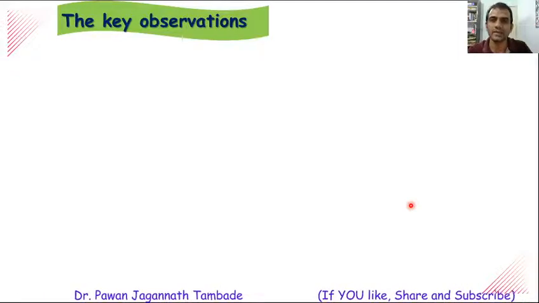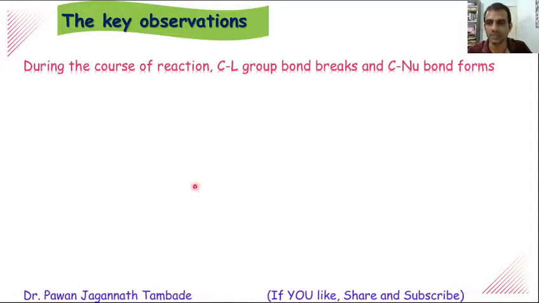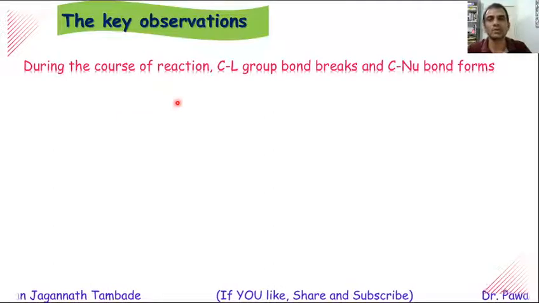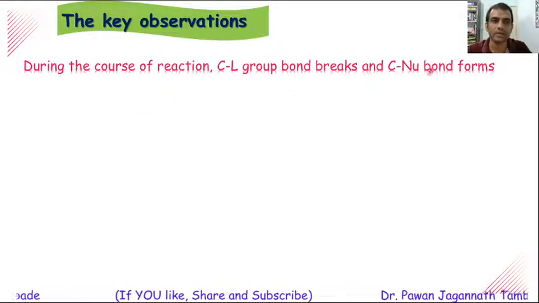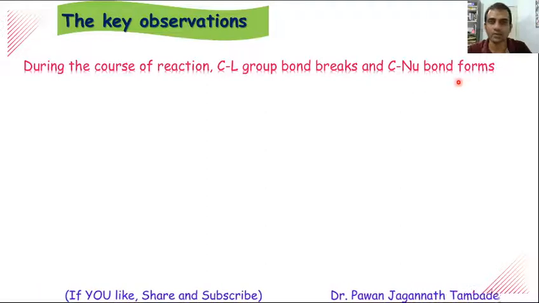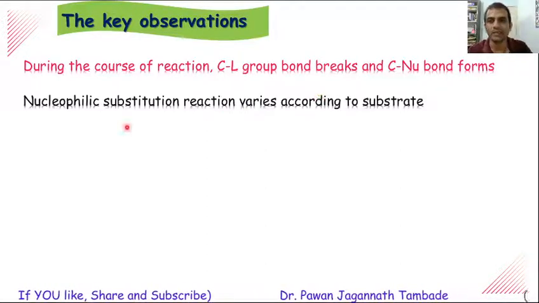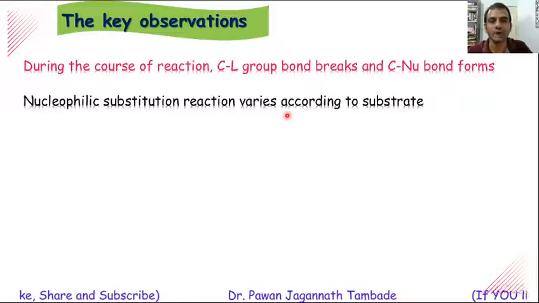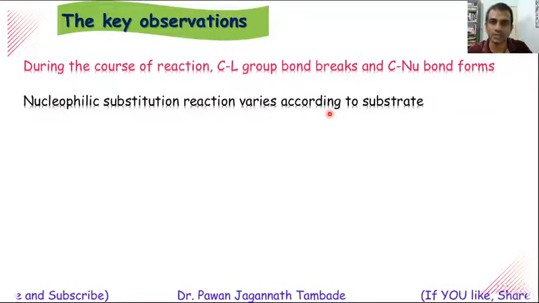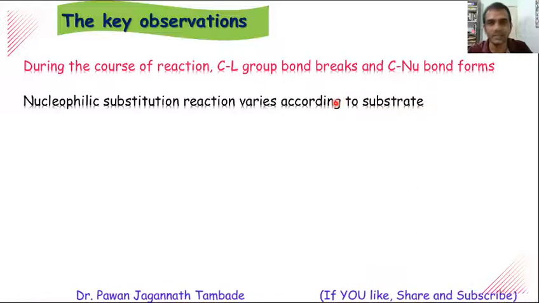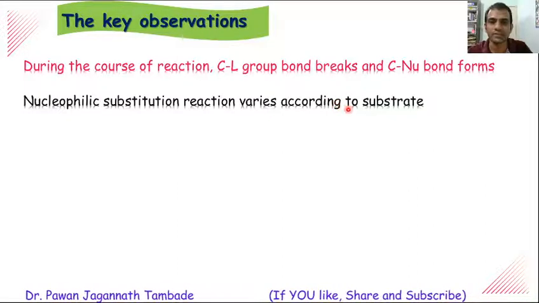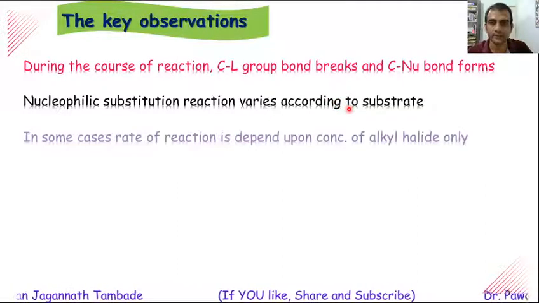So these are the key observations in nucleophilic substitution reaction. During the course of reaction, the carbon leaving group bond breaks and the carbon nucleophile bond forms. Secondly, nucleophilic substitution reaction varies according to substrate. If we change the substrate, then under a similar set of conditions, the rate of reaction is found to be different.